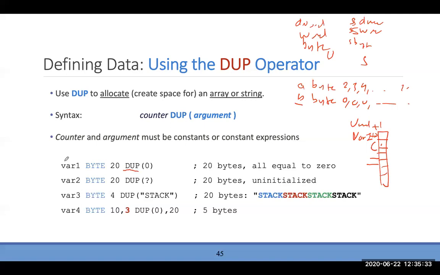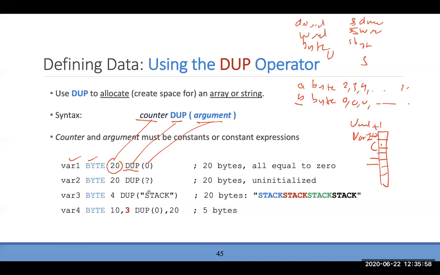So this is the way you do it. You have the counter, and then the keyword, and then the argument. We need to initialize it with 0 or a question mark. So you have the variable name, the data type, and then the counter, and then DUP, and then this is the argument.